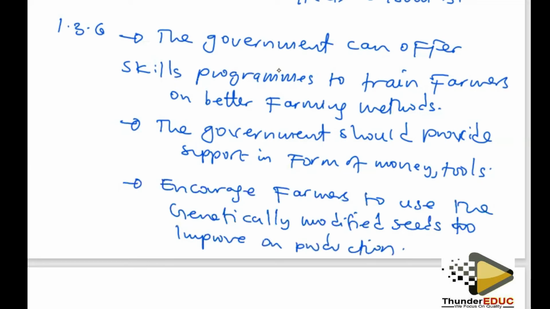Because we know the advantages of using the GMs, the genetically modified seeds, they are able to improve on production, quantity, can withstand harsh conditions such as drought. So they are able to give bigger seeds. So by doing so, this will as well result into stable maize production.